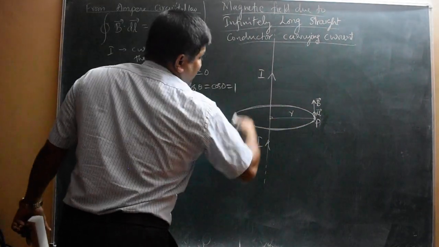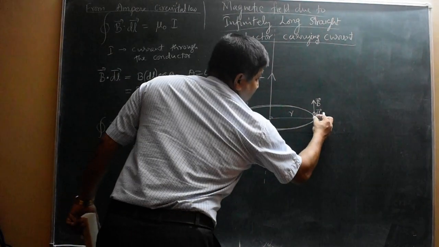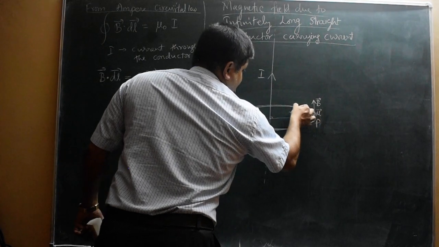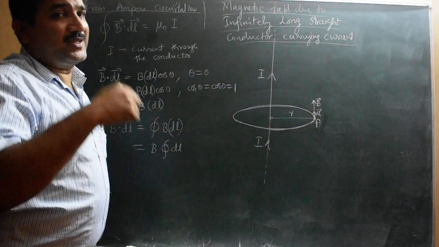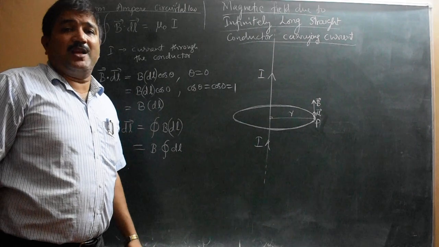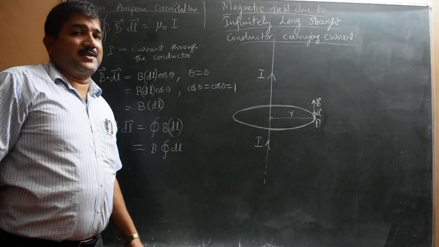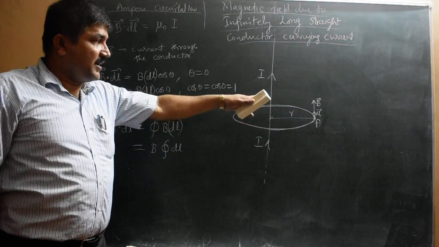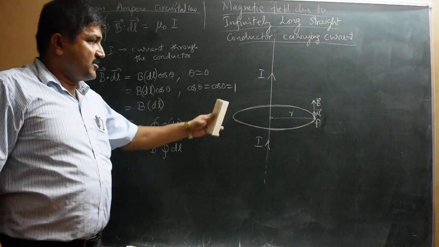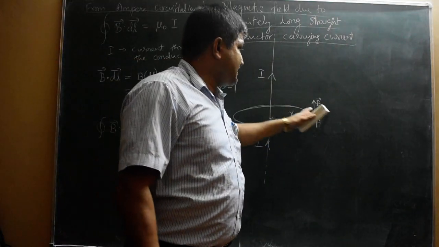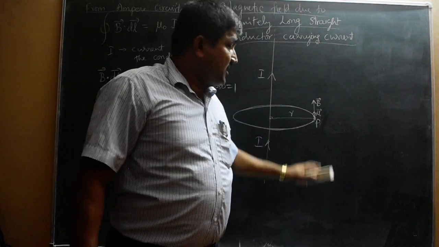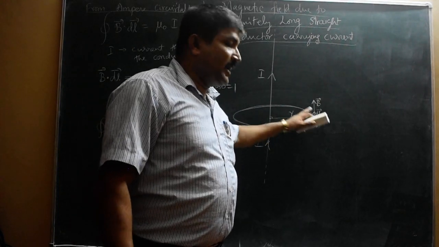Now what does the integral of dl mean? A small dl, then another dl, another dl, another dl. I have done this for the circular loop, the magnetic field due to a circular loop carrying current I. In the same way here, we add dl, dl, dl on the entire loop. We assumed one Amperian loop, so what is the length of such an Amperian loop, or the sum of this dl over the entire loop?